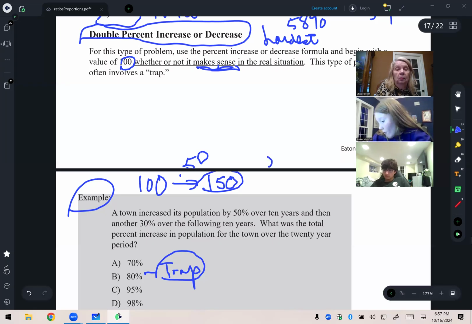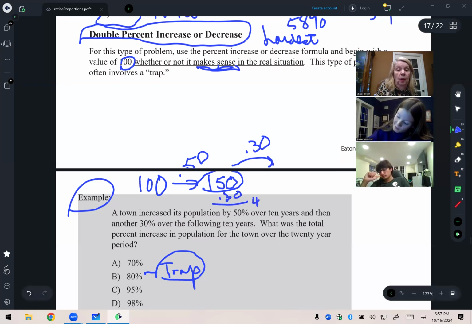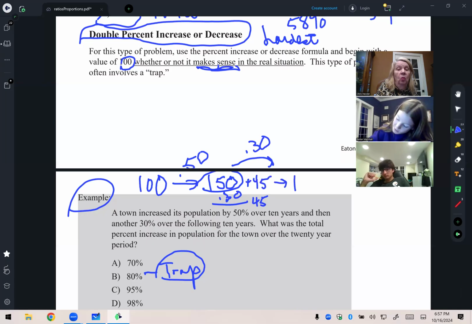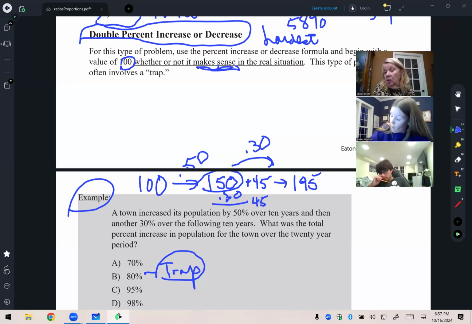Now I'm taking 30% of 150, which is 45. And so I'm going up to 195. And that's the beauty of picking the 100.